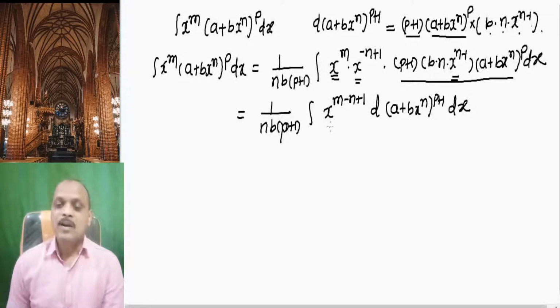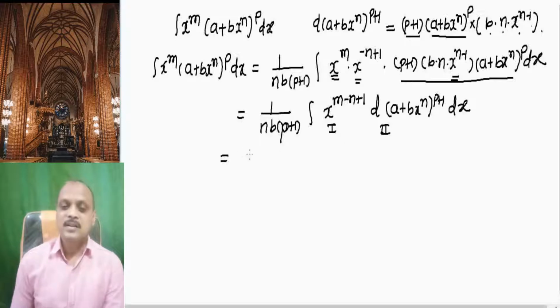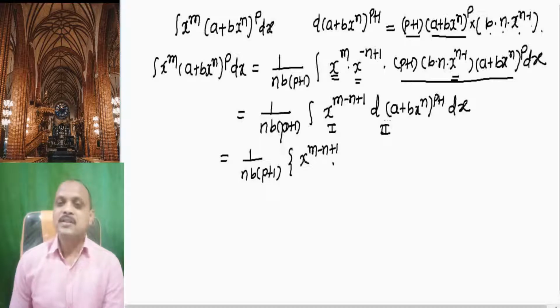Now apply the product rule. Suppose this is my first function and this is my second function, then 1 divided by n into b into (p plus 1) into the first function x raised to m minus n plus 1 into the integration of the second.